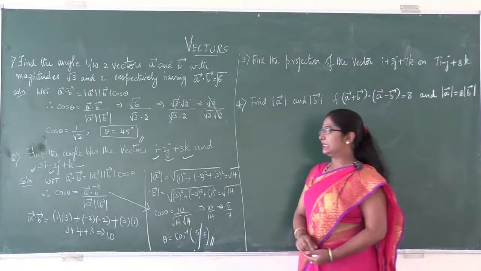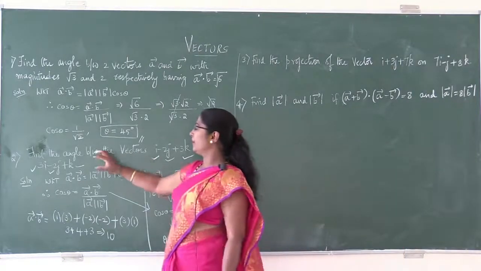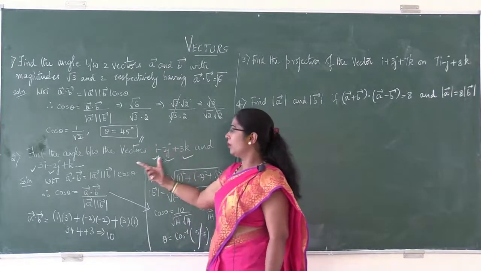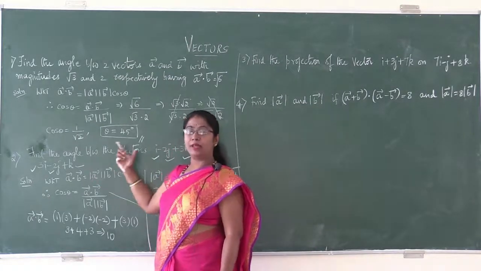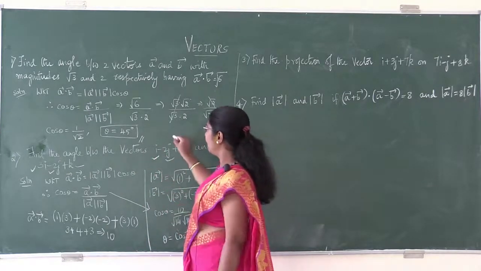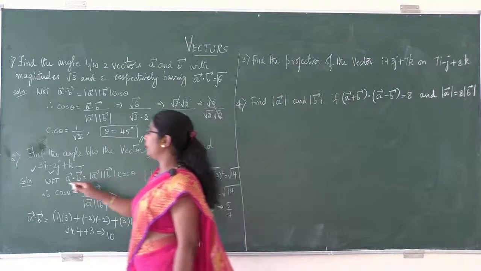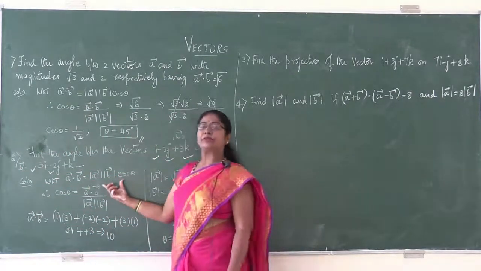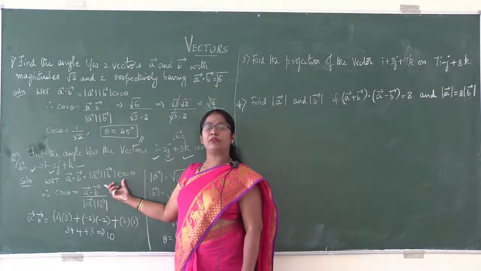I shall quickly summarize now. Second problem: find the angle between these two vectors. Call the first vector as vector A, and the second vector as vector B. What is the definition of vector A dot vector B, or the definition of dot product?